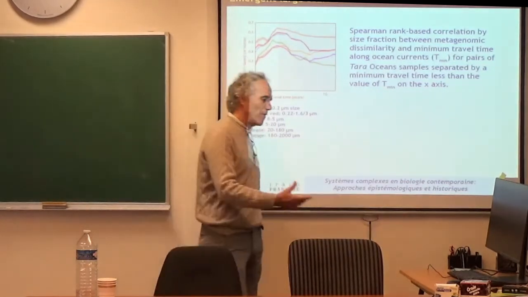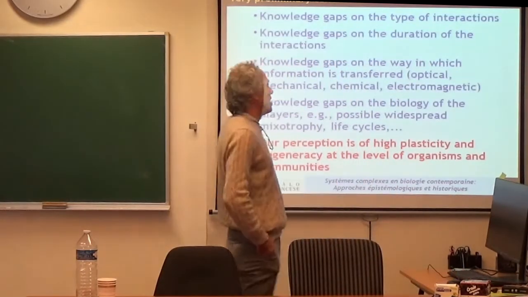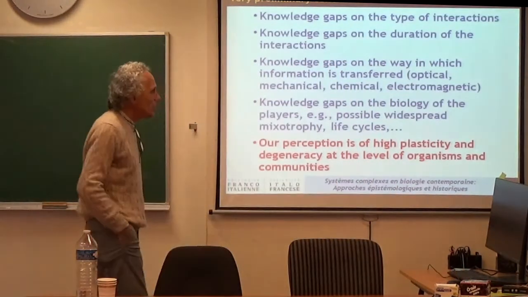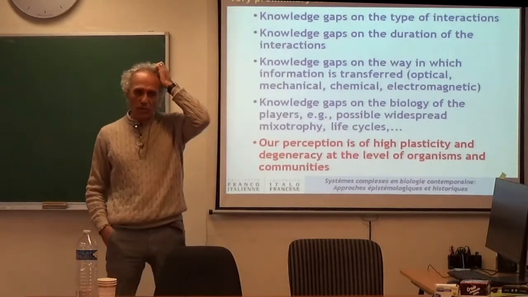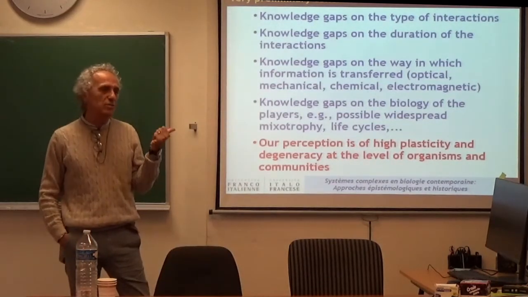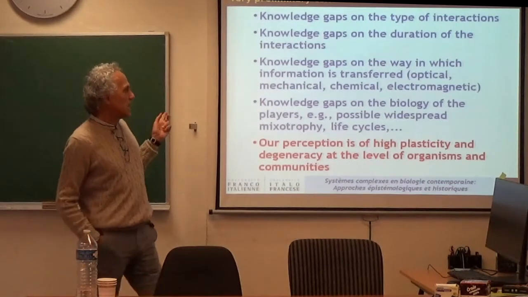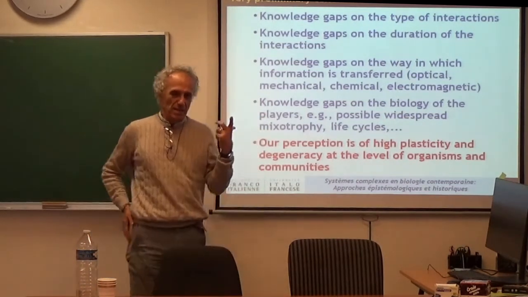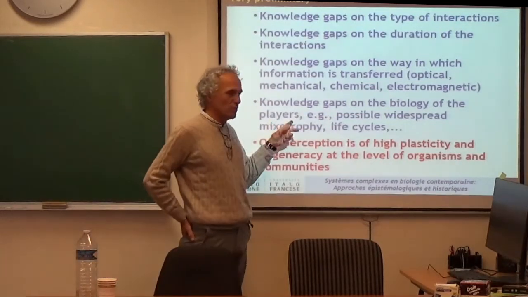So now, if I want to wrap up what are the open problems, we have knowledge gaps on type of interactions. We know some mutualistic interaction, we know some symbiotic interaction, but we are missing the complete picture because we have knowledge gaps in the biology of the players.